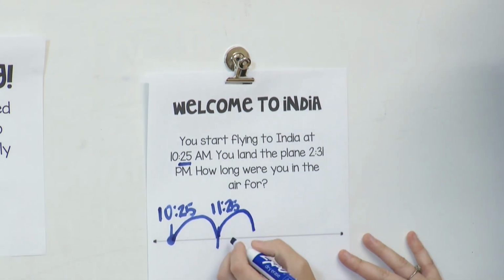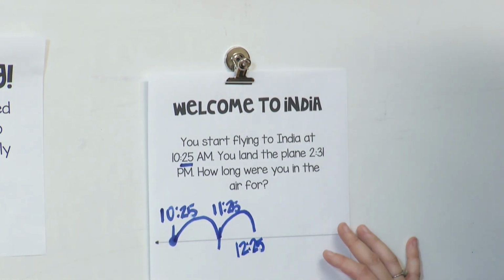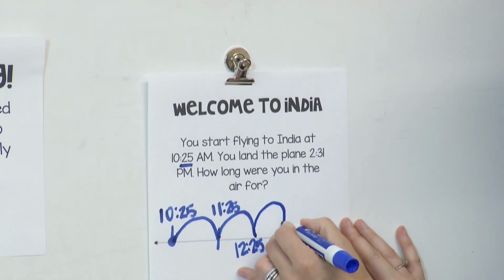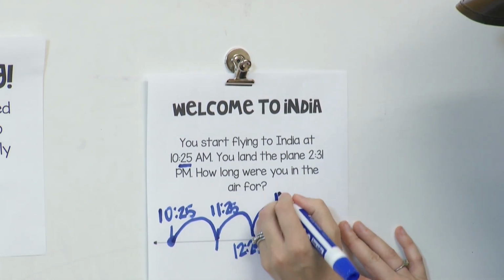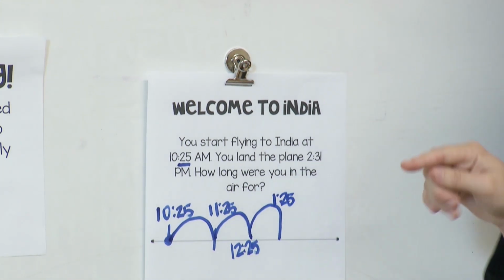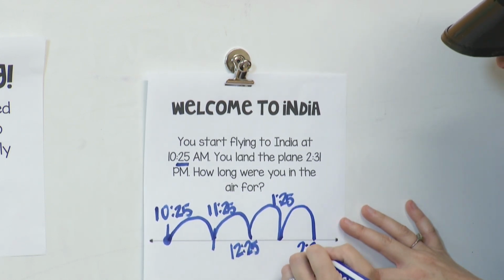All right, let's go to the next one, because we're not to 2 yet, are we? All right, the next one would be 12:25. All right, what's the next one? We switch from 12 to 1. So 1:25. And then what's the next one? 2:25.